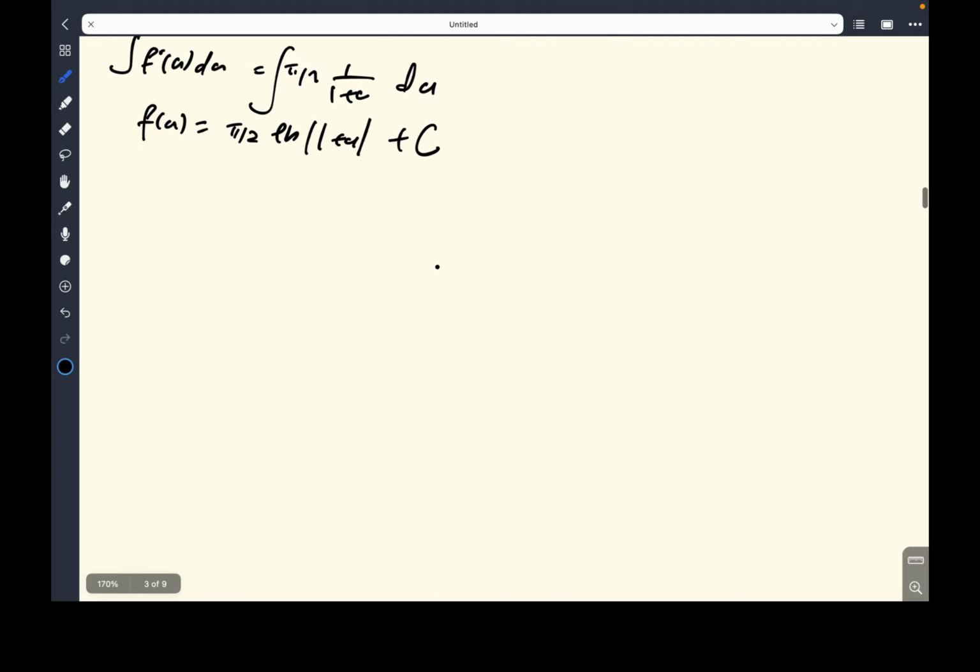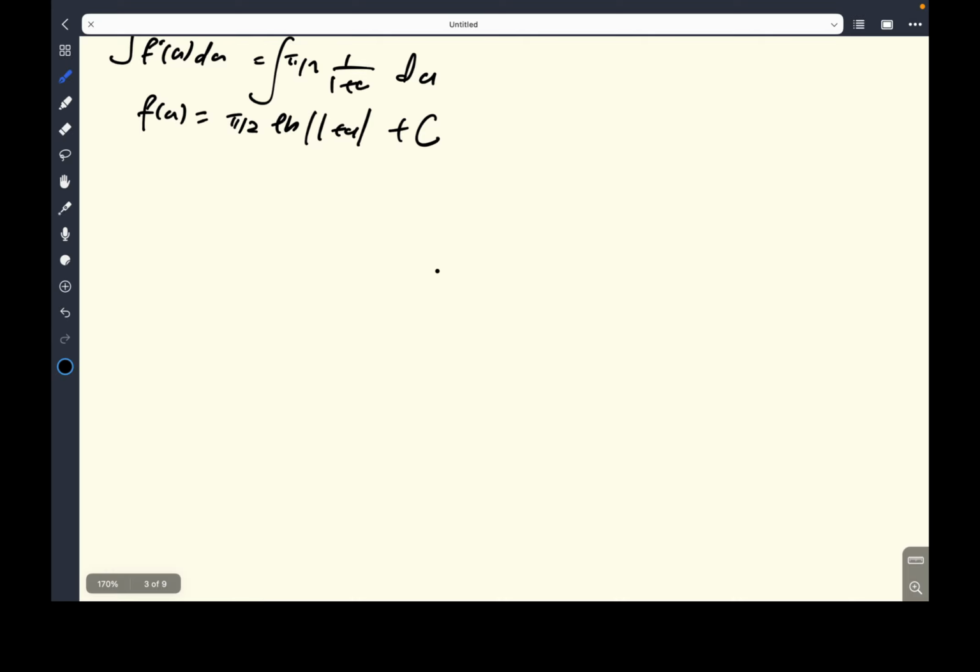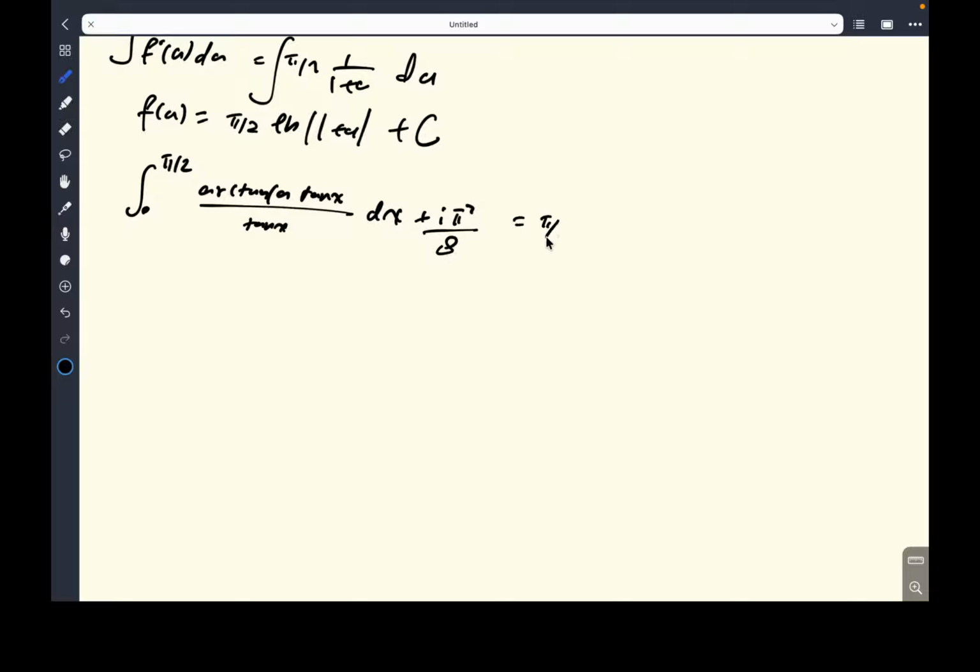Now recall my f of a was the integral from 0 to pi over 2 of x cotangent x, it was arc tan of a tan x over tan x dx plus i pi squared over 8, that is the imaginary part. So equals pi over 2 ln of 1 plus a plus c, some constant of integration.